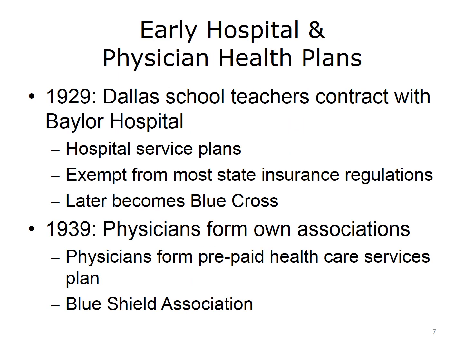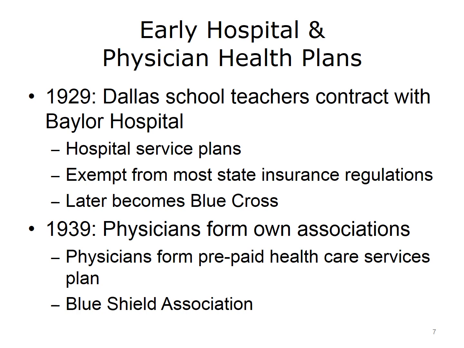One of the early health plans started in 1929 when 1,300 Dallas school teachers formed an association and contracted with Baylor Hospital for 21 days of hospitalization annually for $6 per year per school teacher. At the urging of the American Hospital Association, other hospitals around the country entered into similar agreements with local organizations.